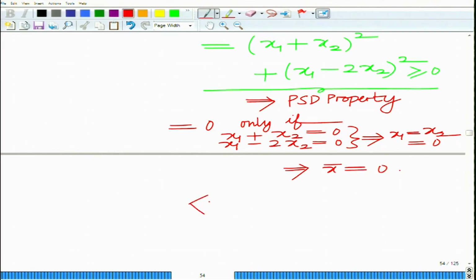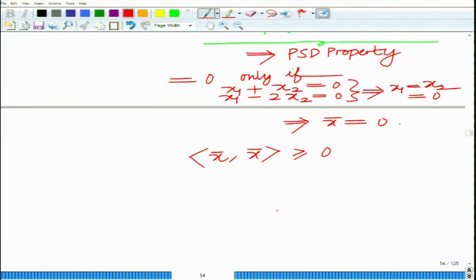So, we have the PSD property, which is x bar inner product with itself is greater than or equal to 0 and equal to 0 only if x bar equal to 0, that is what we have shown. Therefore, because it satisfies the linearity, symmetry and PSD properties, this is a valid inner product. All right.